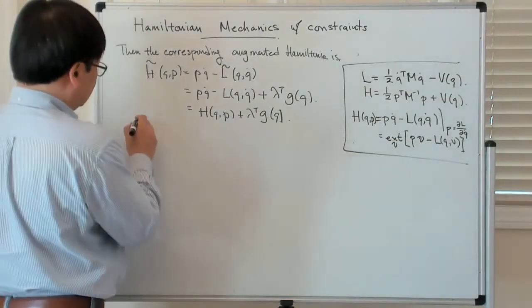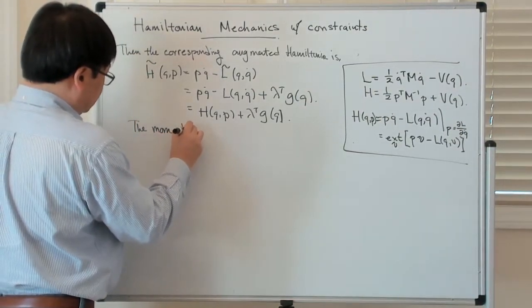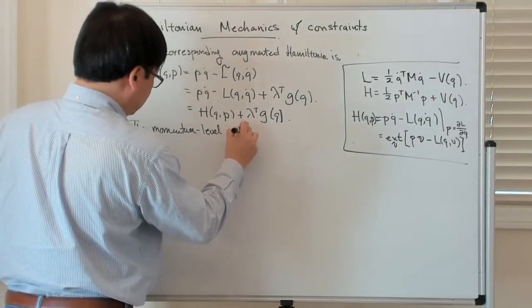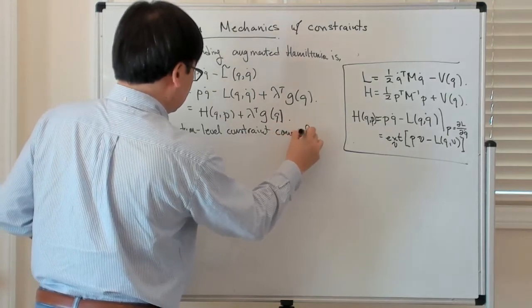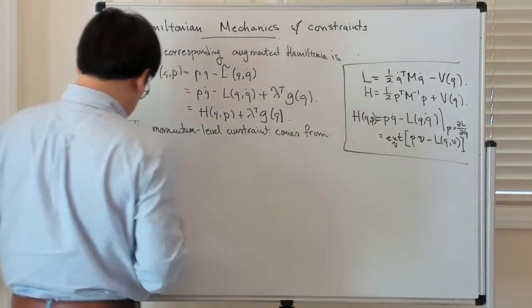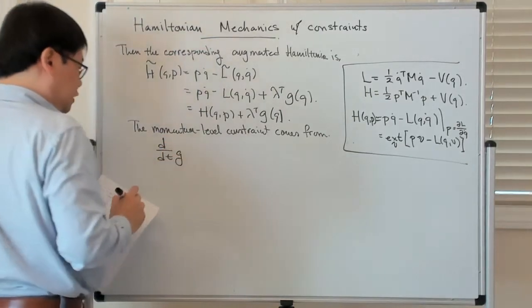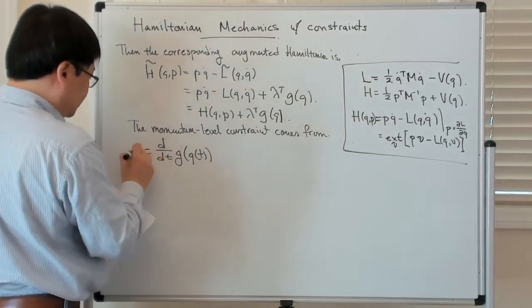So the momentum level constraint comes from just the observation that the time rate of change of the constraint function on q of t is identically 0.